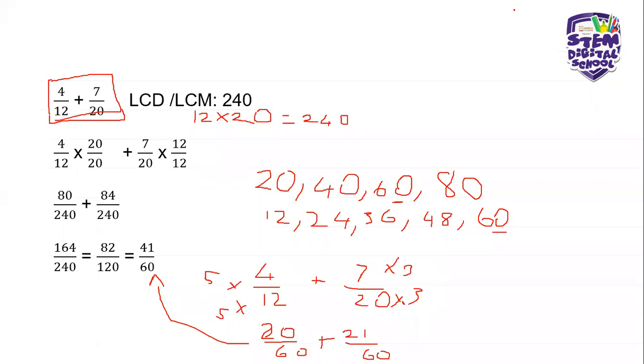So the second method I showed you, the method that we did the last time, works best.